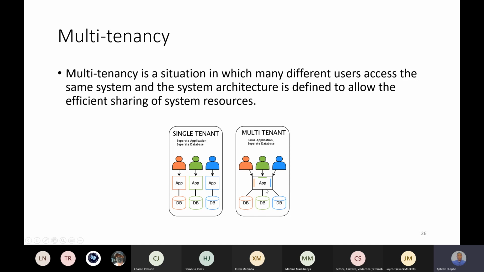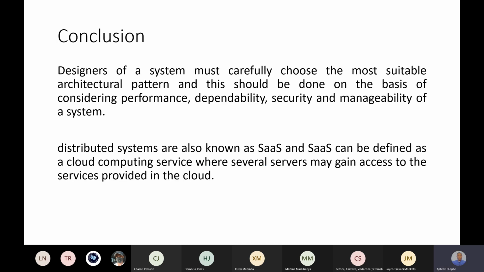But the fact that they are sharing the same application means that this particular solution would definitely work out to be cheaper. Okay, so in conclusion, designers of a system must carefully choose the most suitable architectural pattern, and this should be done on the basis of considering performance, dependability, security, and manageability of a system.